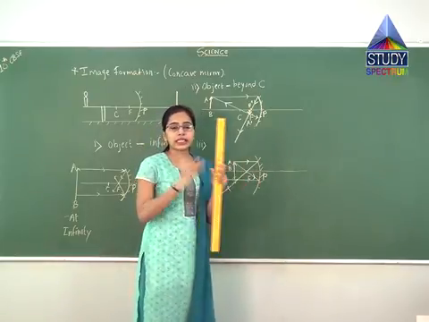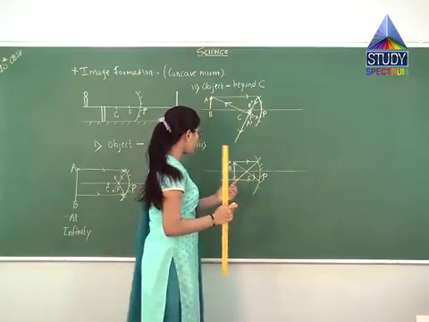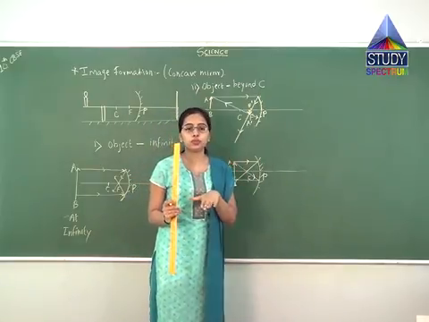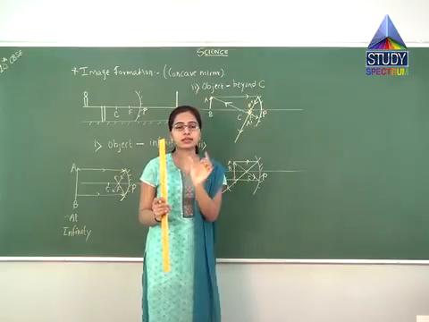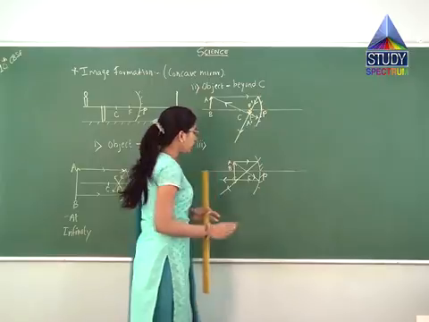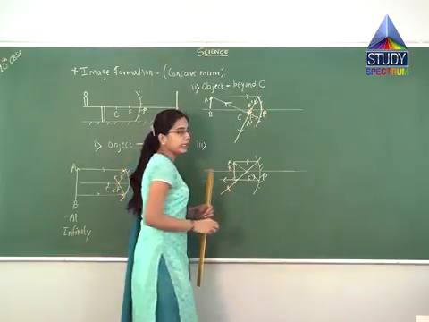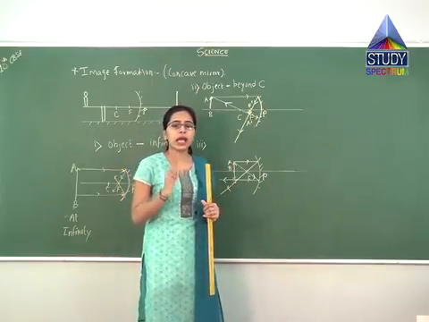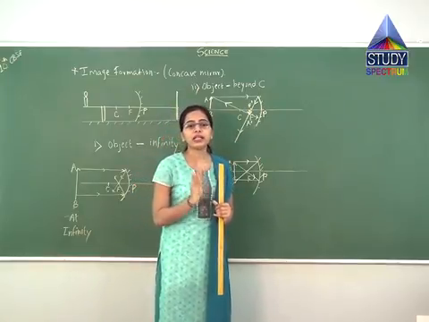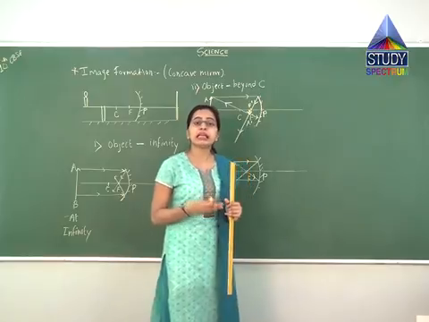I am not taking exactly calculated distances, so a little bit of change will be there, but if you are drawing in your notebook, you will take the distances perfectly, so you will get the perfect image. So here I will get the image at the same point where the object is placed, but the image again is inverted.